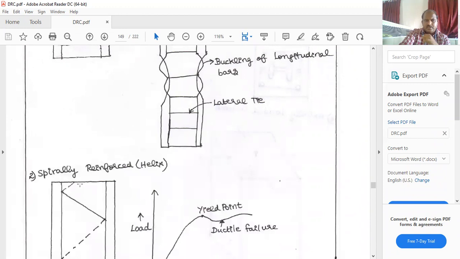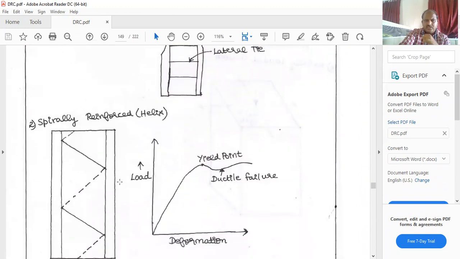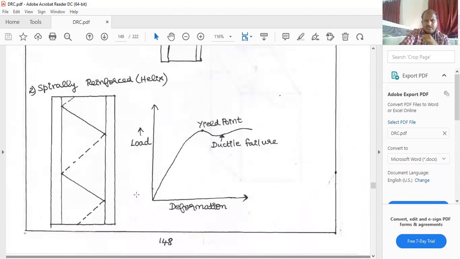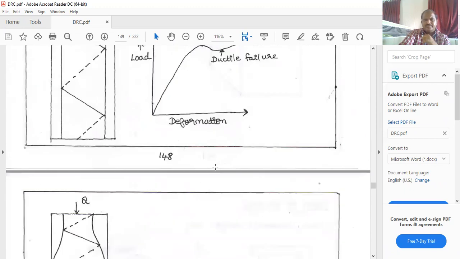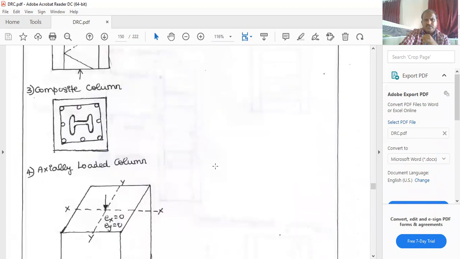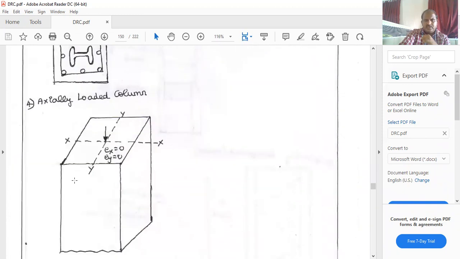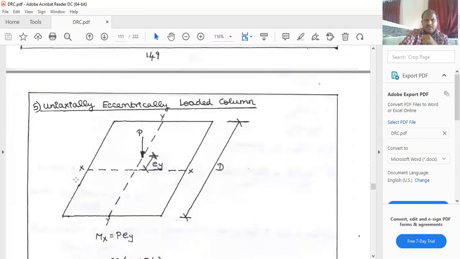Next one is spirally reinforced, that is helix. This is the helix column, and it moves in a zigzag manner, and that is the stress distribution diagram like this. Next one is composite column, and another one is axially loaded column, and uniaxially eccentrically loaded column.